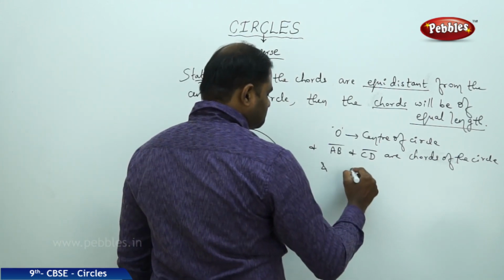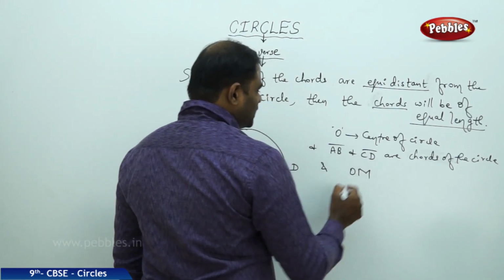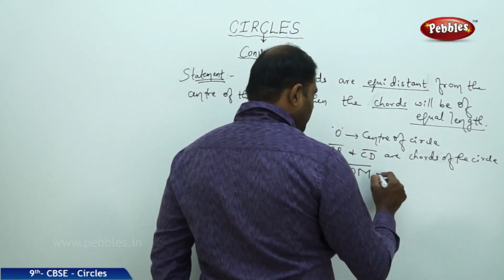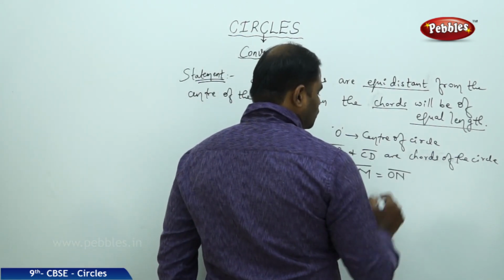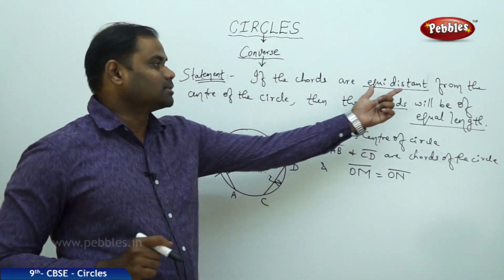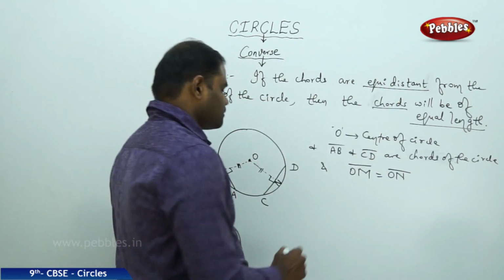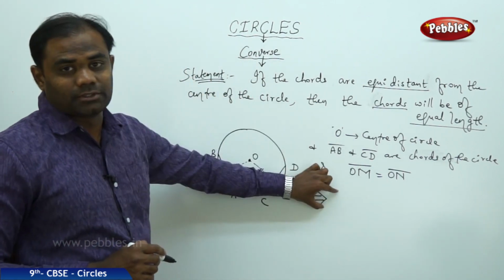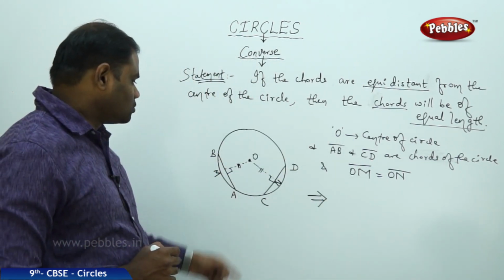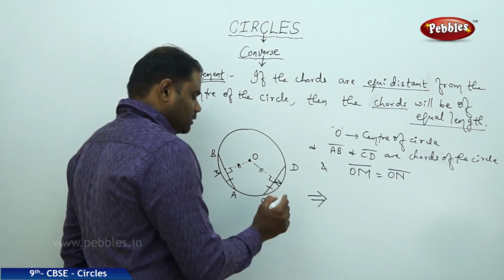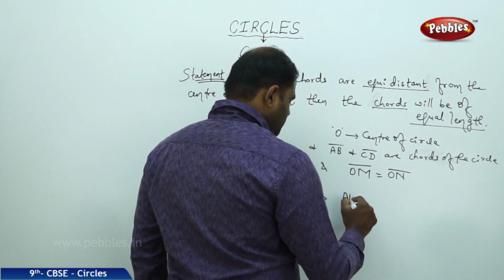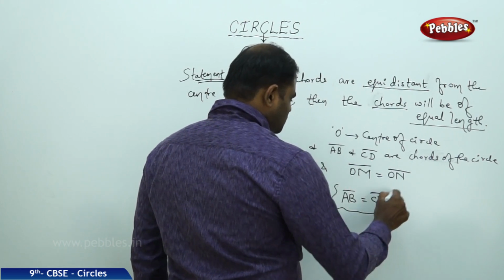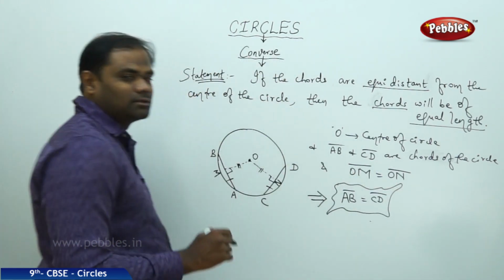It is given that they are equidistant, so OM equals ON, since they are equidistant from the center. Then the converse says that under these conditions, the two chords must be of equal length. The length of the chord AB must be equal to the length of the chord CD.